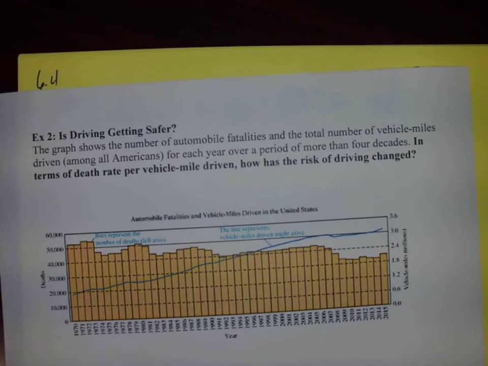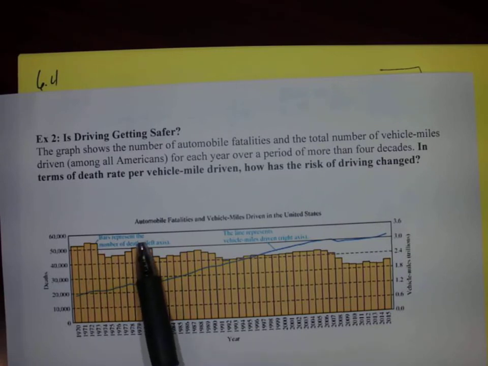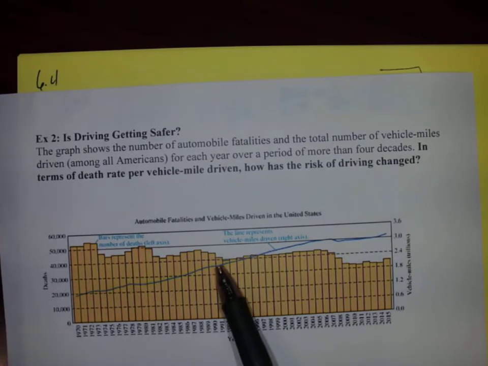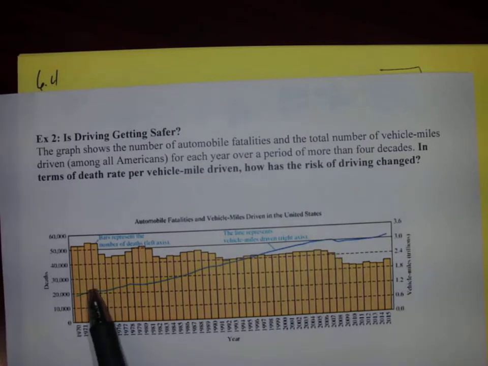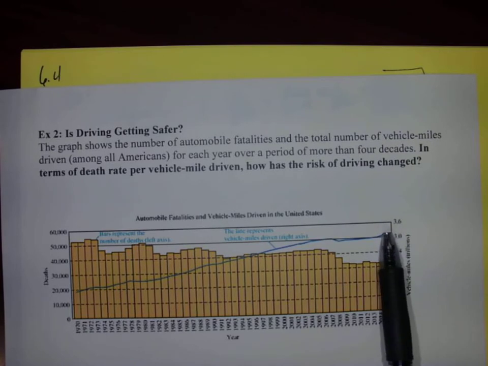The bars are representing the number of deaths. The line represents the vehicle miles driven over the time. So not a lot of vehicles were driven back in 1970 compared to 2015.